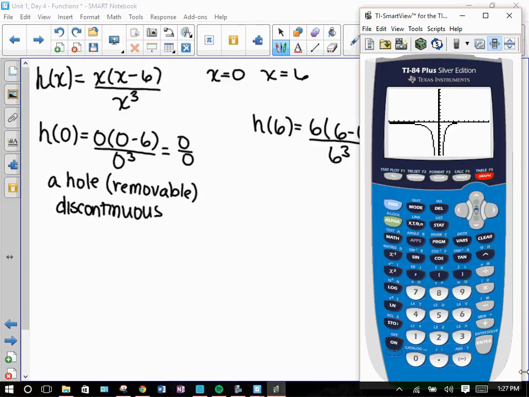And so you can see others could be why this is looking like an asymptote there.